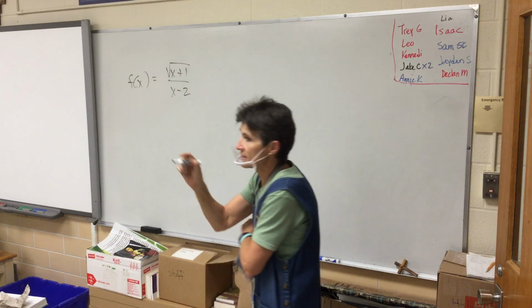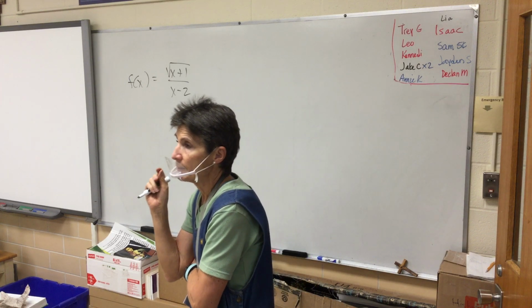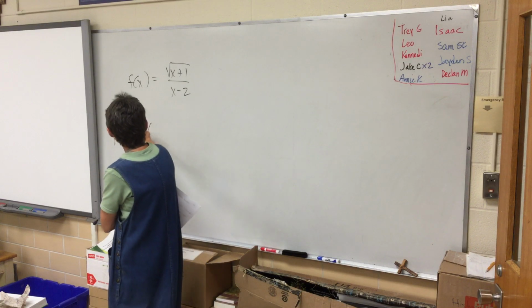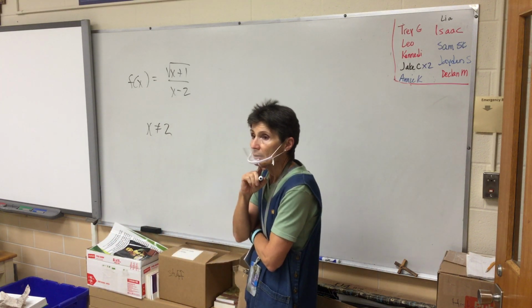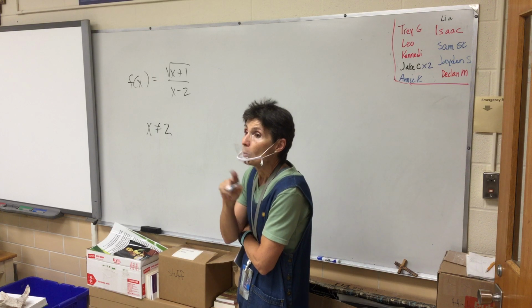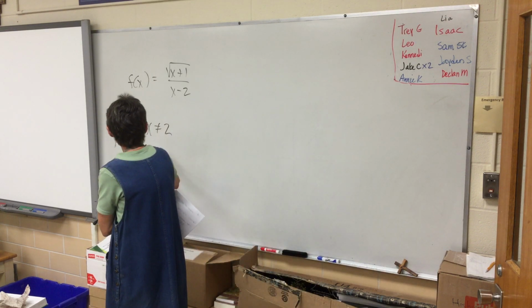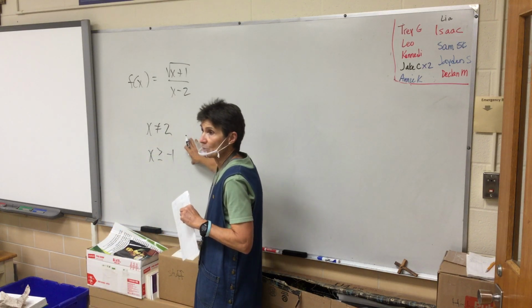What's the domain? This is yesterday's quiz, which most of you did really well on. What's the domain? X cannot be 2. So first part is X cannot be 2. Watch, not less than or equal to, greater than or equal to. So X is greater than or equal to -1. Now, that's the answer.